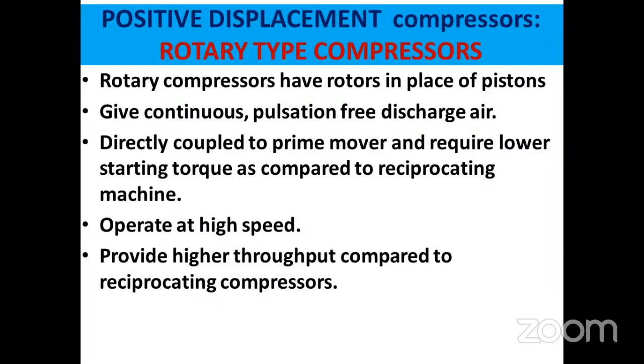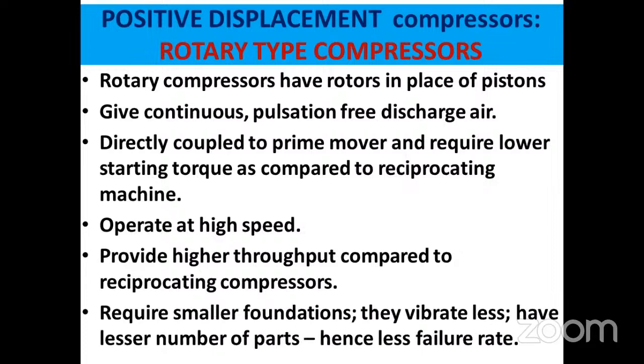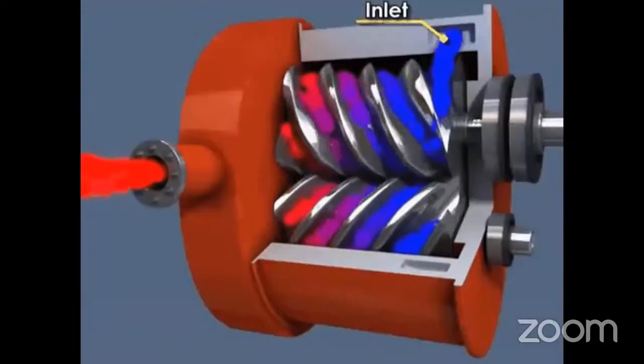Reciprocating type compressors have some limitations; they cannot operate at higher speed. Rotor type has higher throughput compared to reciprocating compressor. Once again, because it has no reciprocating parts, it is rotary only, so it generally vibrates less. So foundation required is also low.